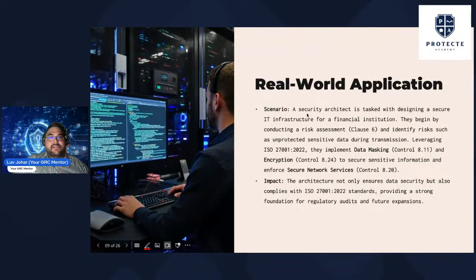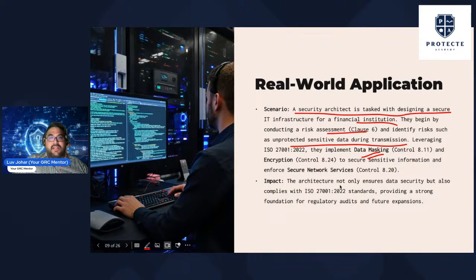A real world application: a security architect is tasked with designing a secure IT infrastructure for a financial institution. They begin by conducting a risk assessment, a very important exercise, and identify risks such as unprotected sensitive data during transmission. Leveraging ISO 27001, they implement data masking, because it's a control and they were already aware about it, so it completely helped them in designing the architecture as well.